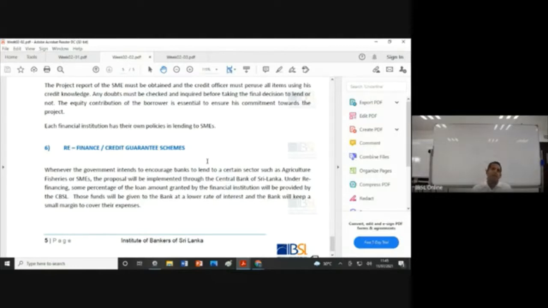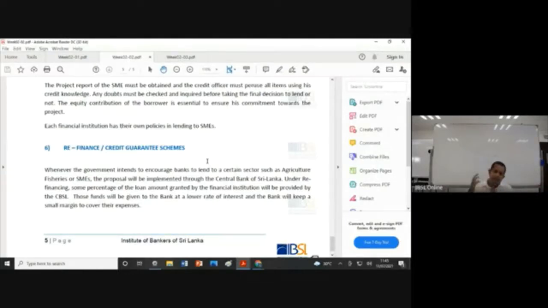We have two funding mechanisms. We have development agencies like JICA, IFC, ADB, German Development Bank. Those banks are giving us low-cost funds, right?